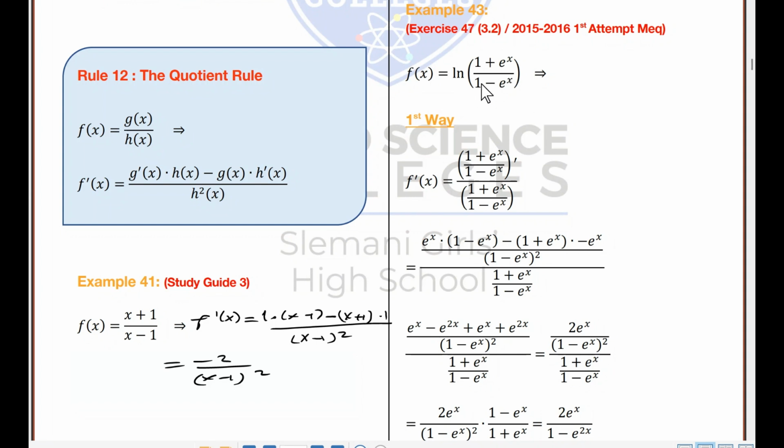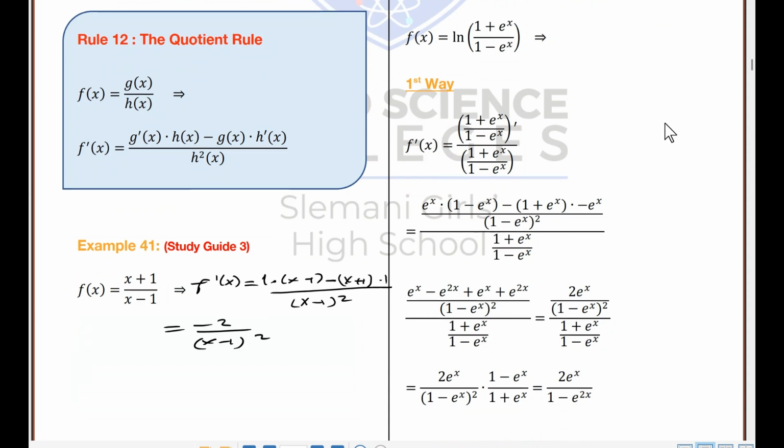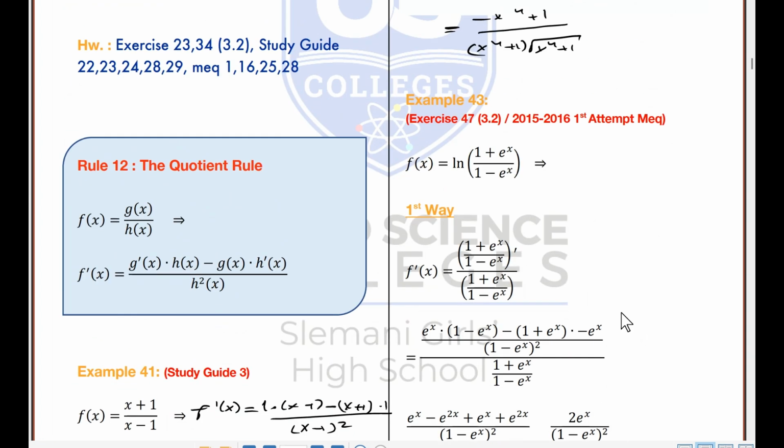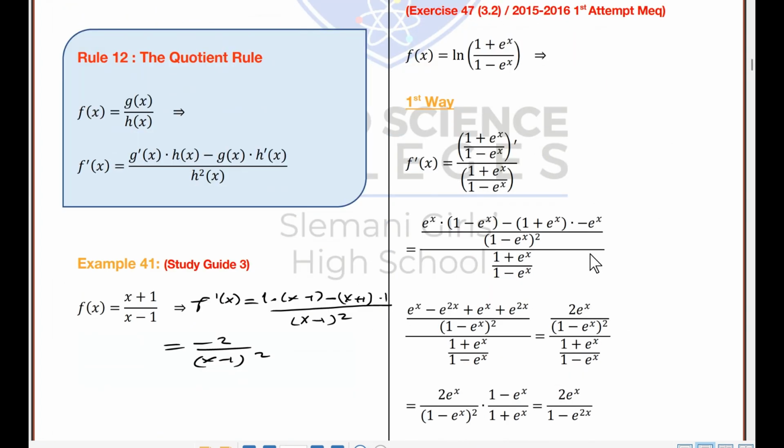We have division, so we can apply the derivative of the natural logarithm first. It is derivative of the angle divided by the angle itself. You take the derivative of the angle by using the quotient rule and simplify and equalize denominators and stuff. This is the answer, but I won't explain this. I'll explain the other, for me, the easier way.